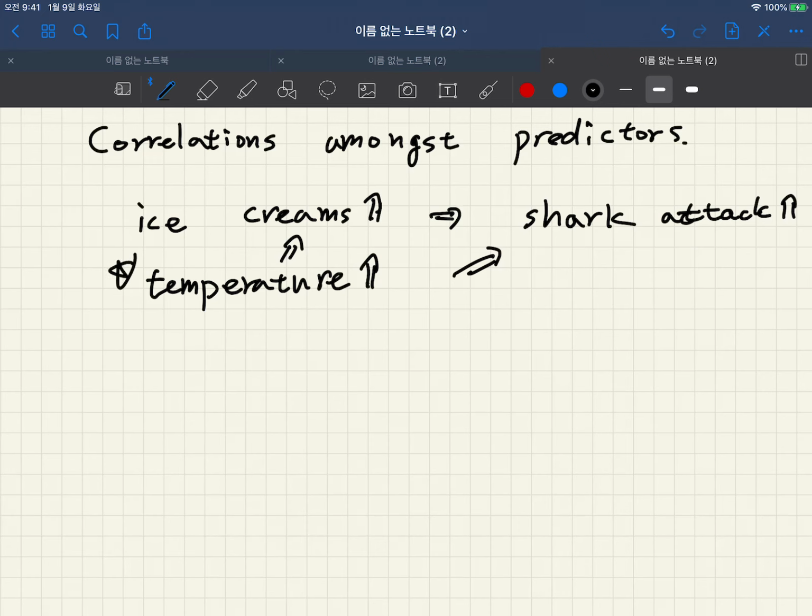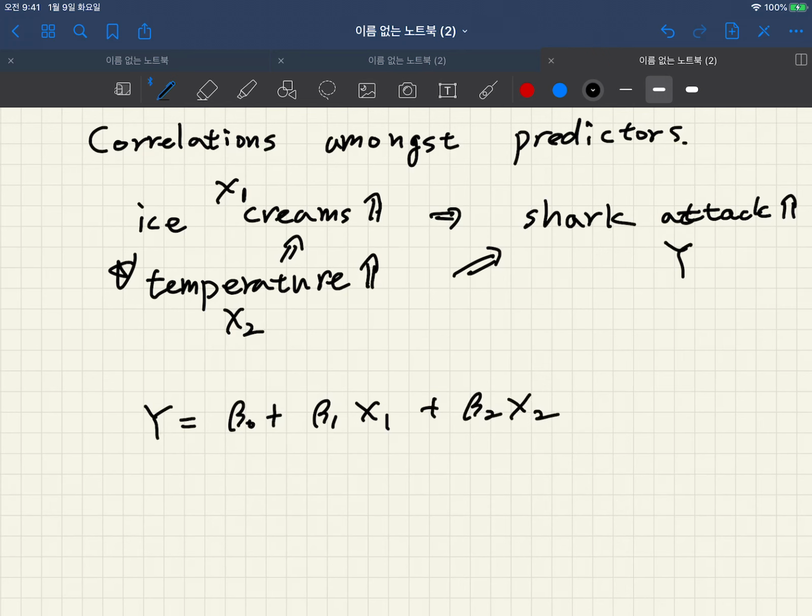So let x1 denote ice cream and x2 denote temperature, two input predictors, and the number of shark attacks is y. We can design a linear regression model with two input predictors, one for ice cream sales and one for temperature.